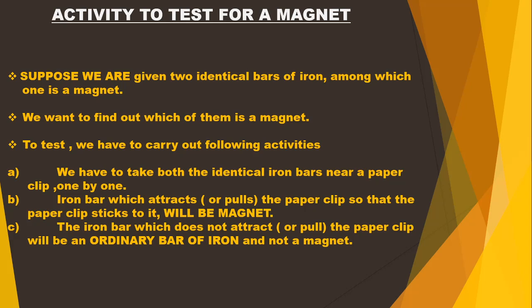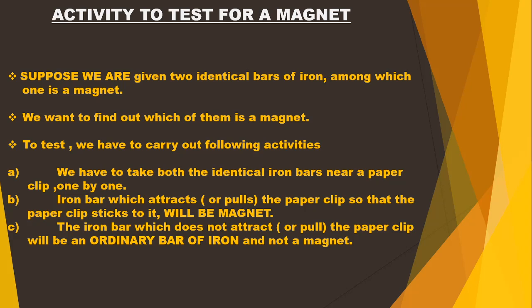So before going into the activity, we will first take a few iron clips and scatter them on a table or a paper or a plate, wherever it is convenient for you. After spreading this, you will bring the two identical iron bars which were given to you for testing.